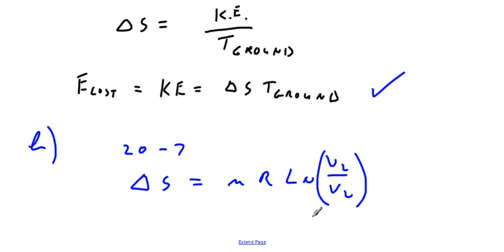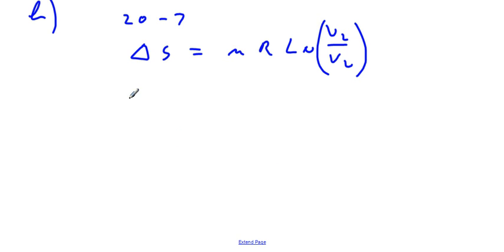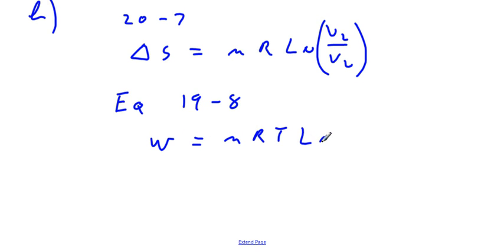All right, and from equation 19-8, we find that the work done is nRT natural log volume 2 divided by volume 1. That's a 1 in case you're wondering. I know you're wondering if that was a 1 or not. All right.